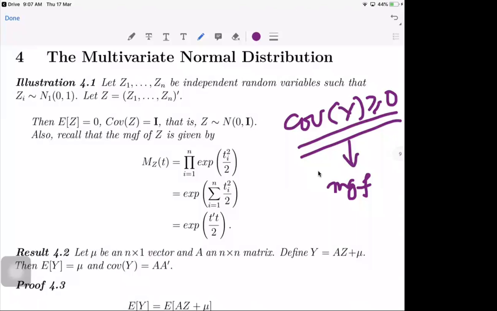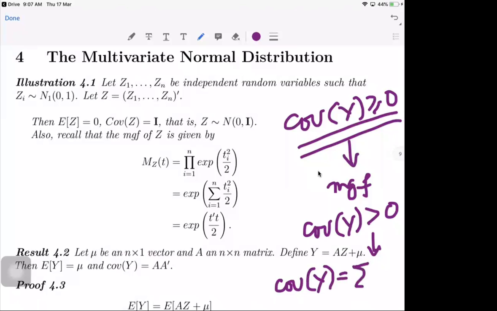Because if we have a known continuous probability distribution of y, then we are assured that the covariance of y is positive definite. And if that is positive definite, then the covariance of y, which is also denoted by sigma in the notation, has an inverse, because sigma will be invertible.